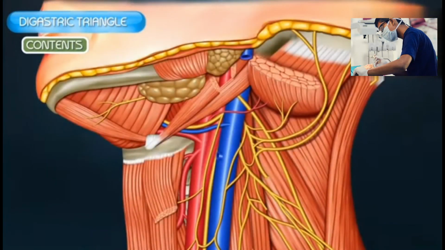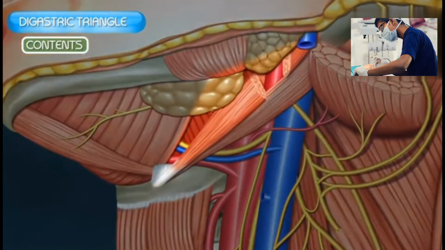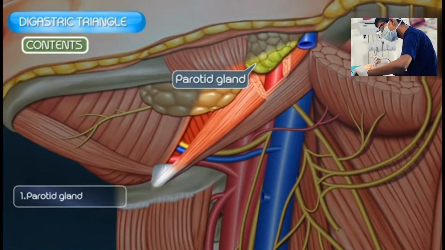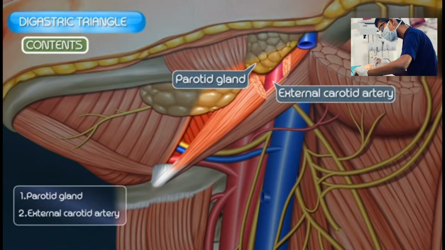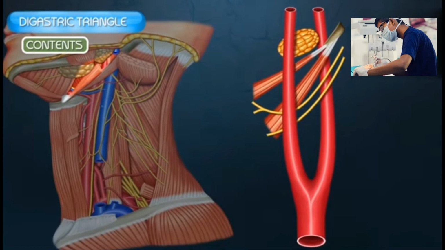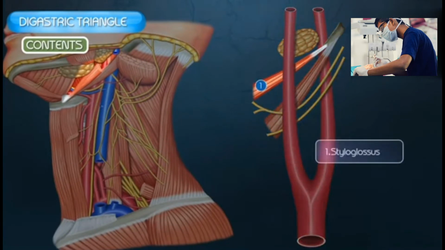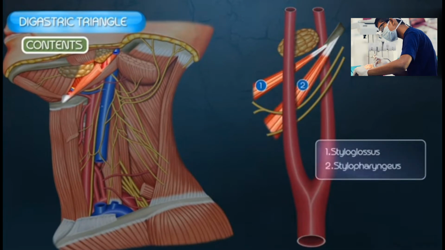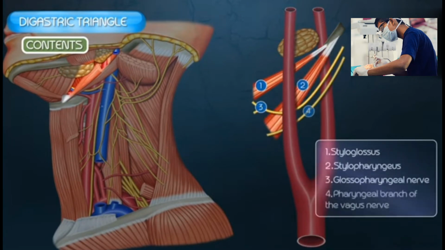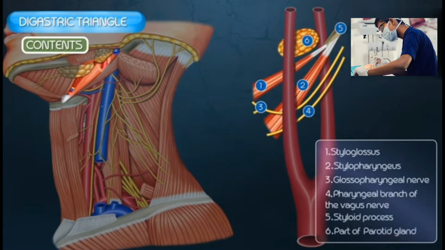Digastric triangle can be divided into anterior and posterior parts. In the posterior part of the triangle, there are the lower part of the parotid gland and the external carotid artery, and deep structures passing between them are styloglossus, stylopharyngeus, glossopharyngeal nerve, pharyngeal branch of vagus nerve, styloid process and part of the parotid gland.